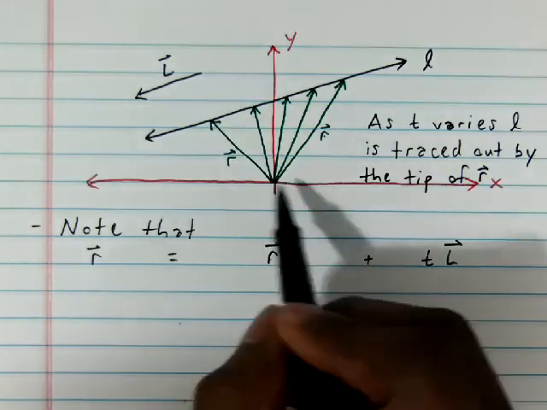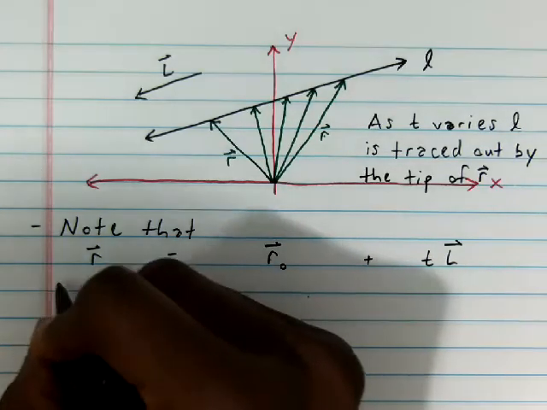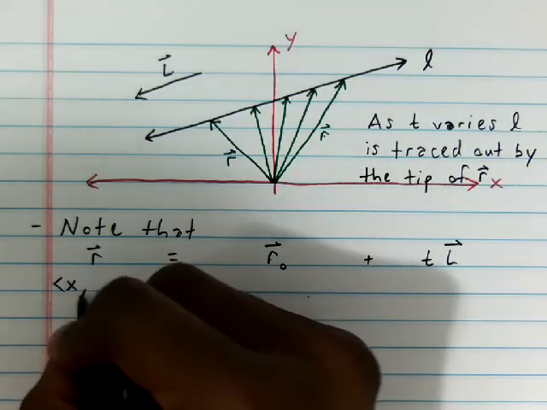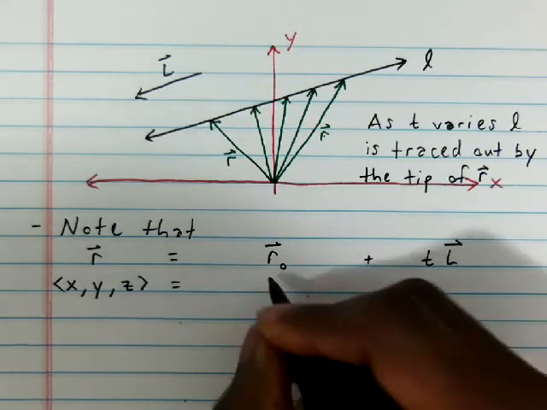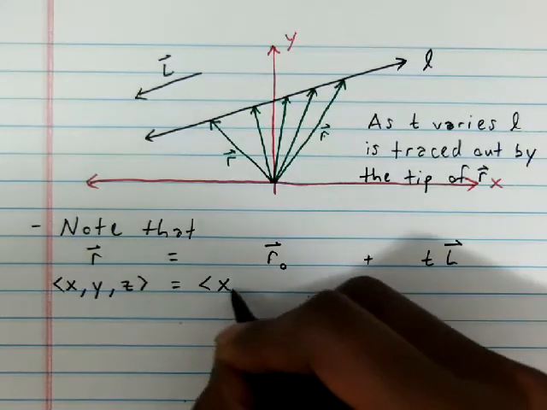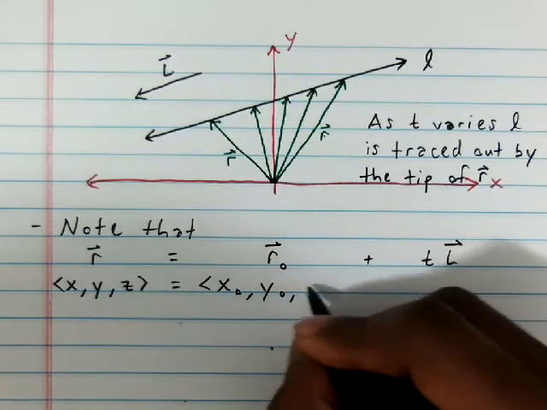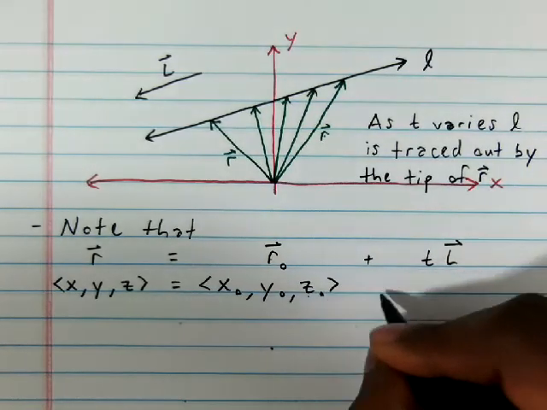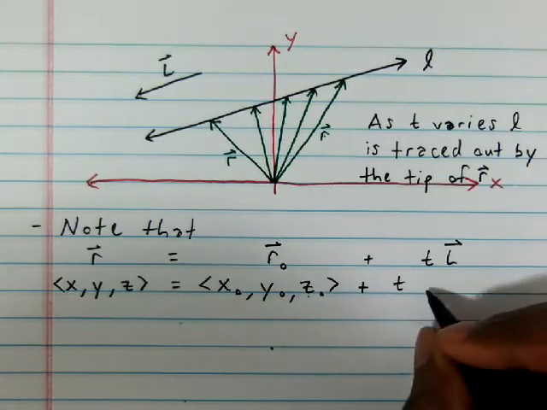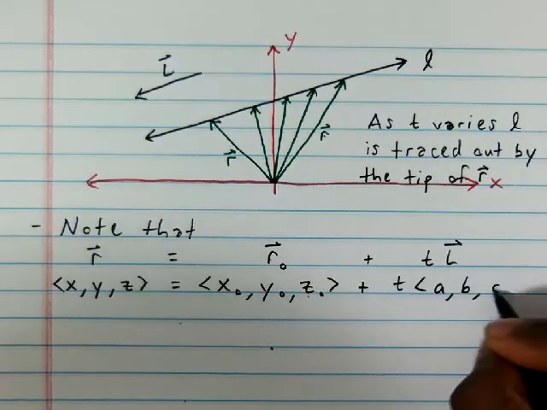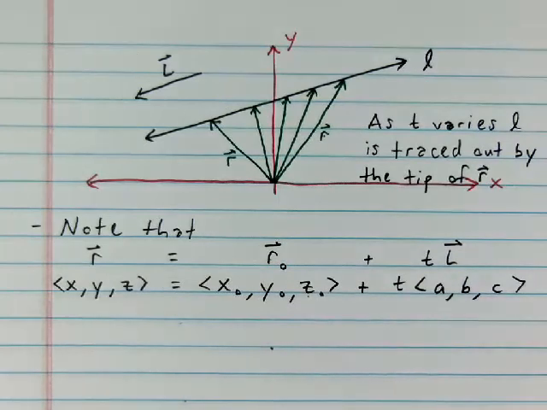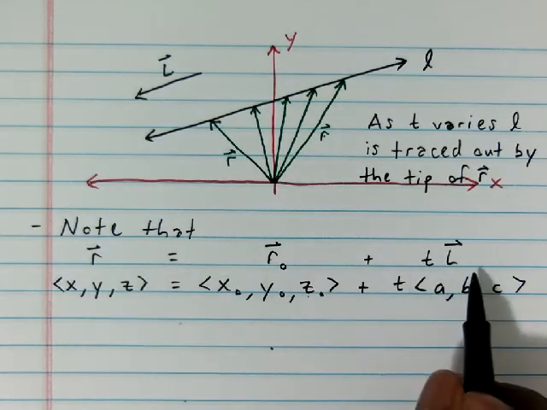So our output is going to be wherever we are on the line. So it's going to give us a point x, y, z on our line, equals R naught, which is always x naught, y naught, z naught, plus t times our L, we said was A, B, C. So all I did is plug in the different things into this formula the way that they were defined.